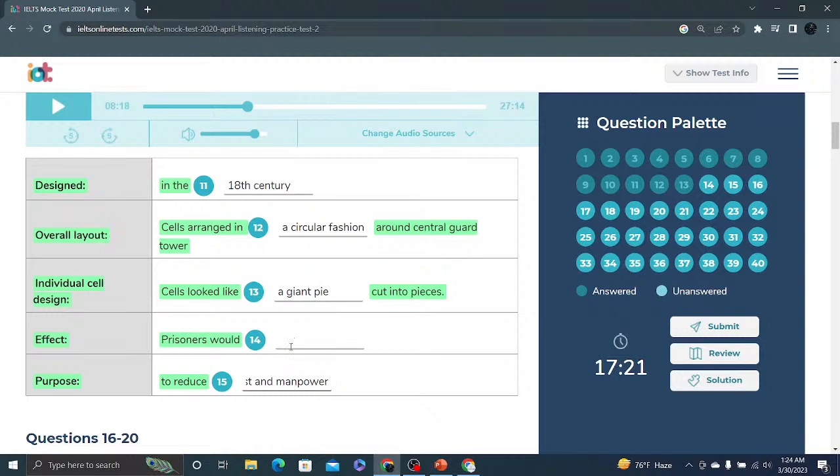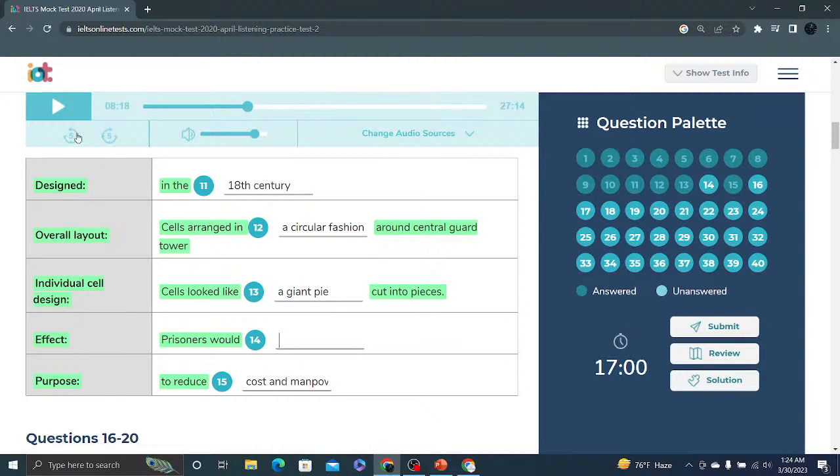It's really tricky because we listened to the answer for question number 15, but we didn't listen to the answer for 14. Maybe the answer will come after for number 14. Let's listen.